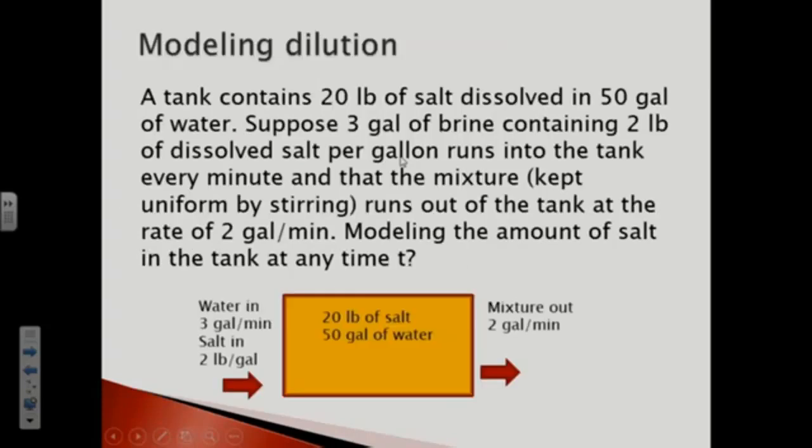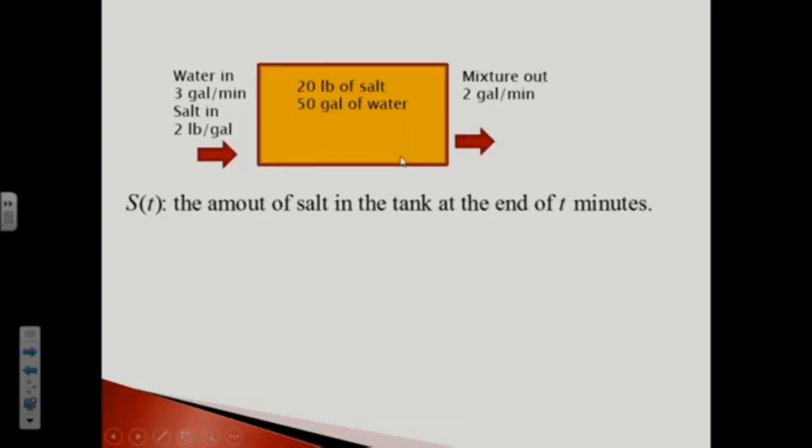In the third configuration, we consider a mixed problem. A tank contains 20 pounds of salt dissolved in 50 gallons of water. Suppose 3 gallons of brine containing 2 pounds of dissolved salt per gallon runs into the tank every minute, and that the mixture, kept uniform by stirring, runs out of the tank at the rate of 2 gallons per minute. Model the amount of salt in the tank at any time t. Let S(t) denote the amount of salt in the tank at the end of t minutes. The rate of change in S(t) is the difference of the inflow rate and the outflow rate.